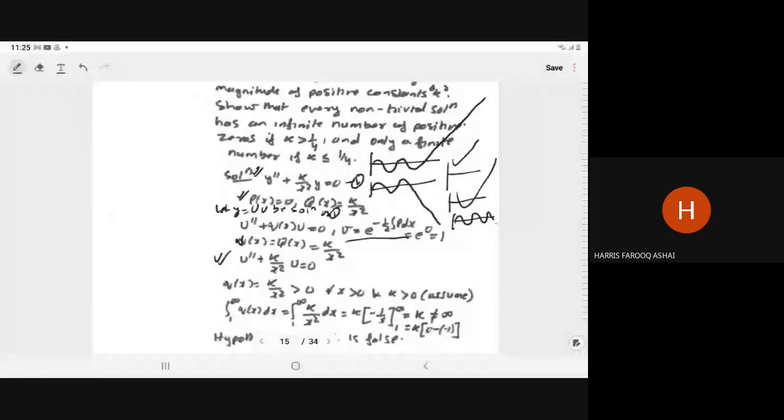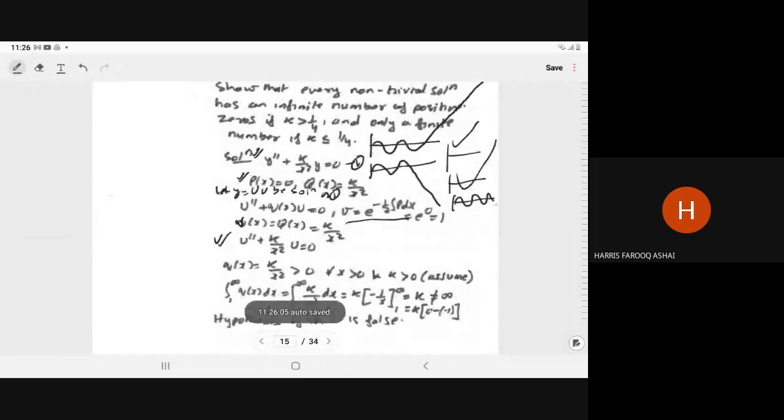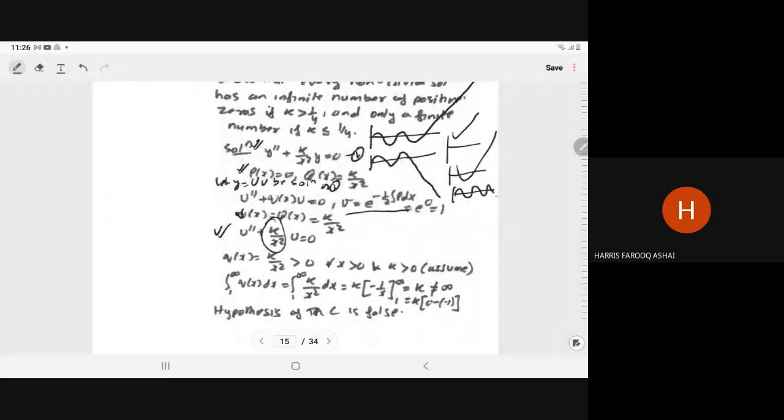So the original equation and the normal form are both the same thing, because in both the first order derivative coefficient is equal to 0. So it is already in normal form. This is the small q, k upon x square.